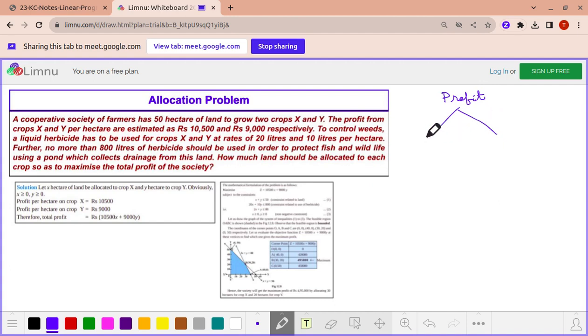For crop X it is rupees 10,500 per hectare. Okay.